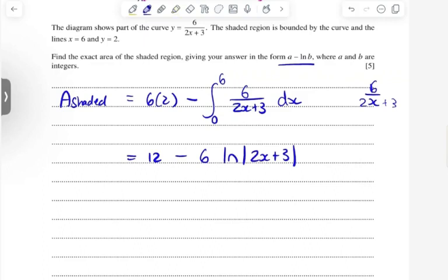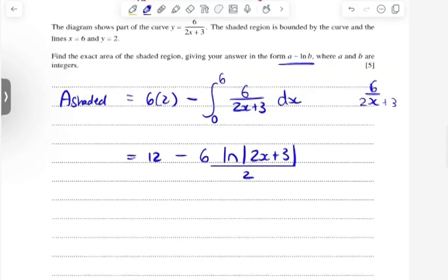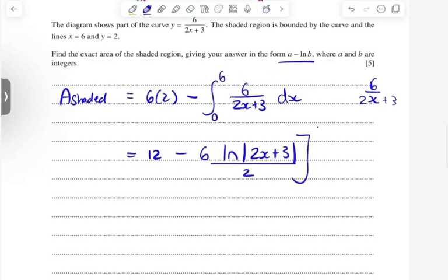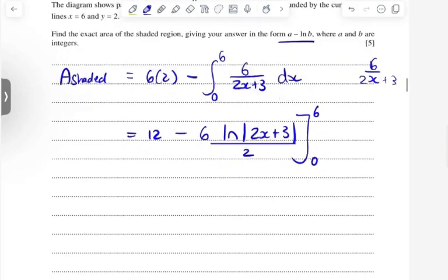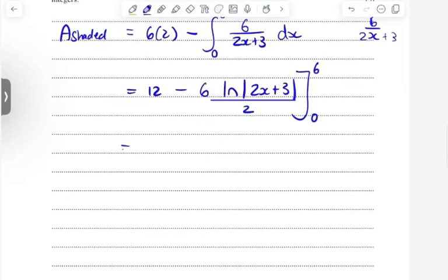But we need to remember our reverse chain rule, where I divide by the coefficient of x, and then I'm going between 0 and 6. I need to remember I am subtracting this entire term. I'm going to use a big bracket to do this. Now we're diving into a definite integral.